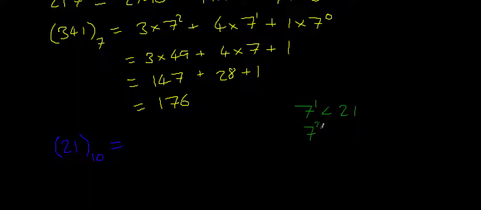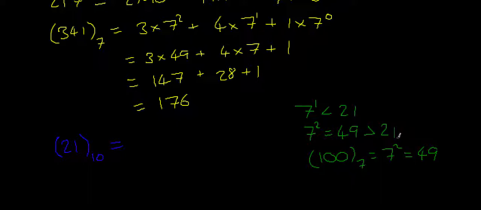7 squared, on the other hand, is 49, and this is bigger than 21. If we had a 3-digit number, then the smallest 3-digit number is going to be 100 in base 7, but this is equal to 7 squared, which is 49, and that's bigger than 21, so it can't have 3 digits. But it's got to have at least 2 digits, because if there was just a 1 here, that wouldn't be enough, because that would just be 7.